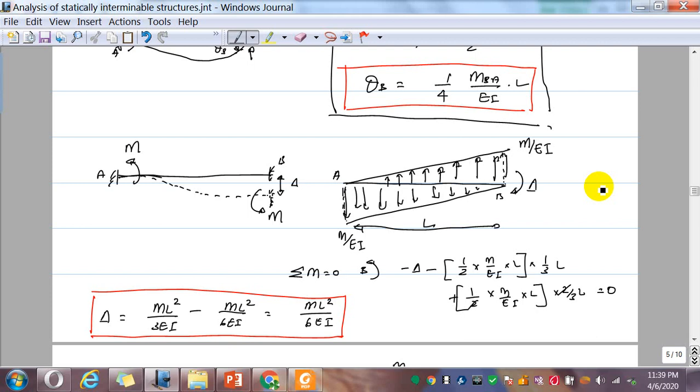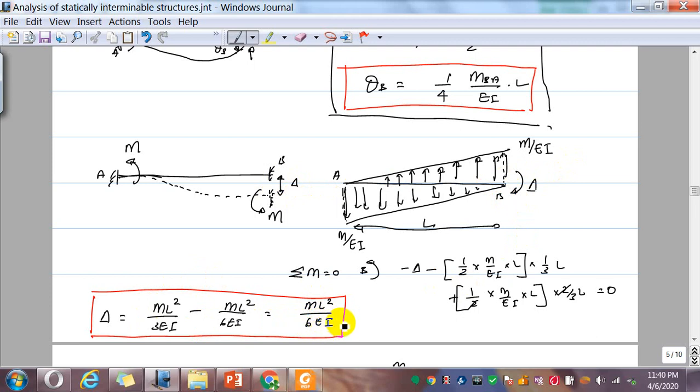If the settlement is upward, it is considered positive. So in the sign convention it becomes minus ML squared over 6EI, because we considered this settlement downward, and then here we have clockwise moment, and we derived delta is equal to ML squared over 6EI.